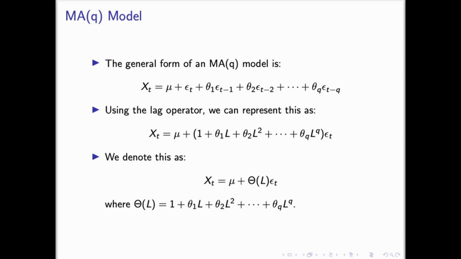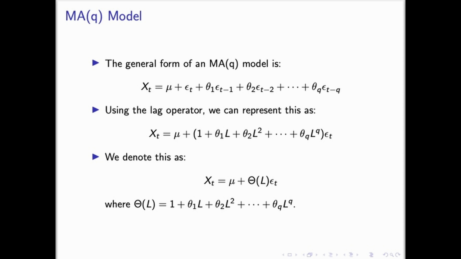from the previous time periods on the current values of the series. Using the lag operator, we can rewrite this model more concisely. We can express it as x_t equals mu plus (1 plus theta_1 L plus theta_2 L squared, and so on up to the term theta_q times L to the power q) times epsilon_t.